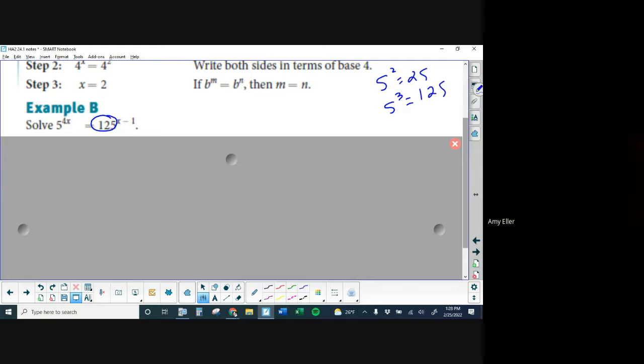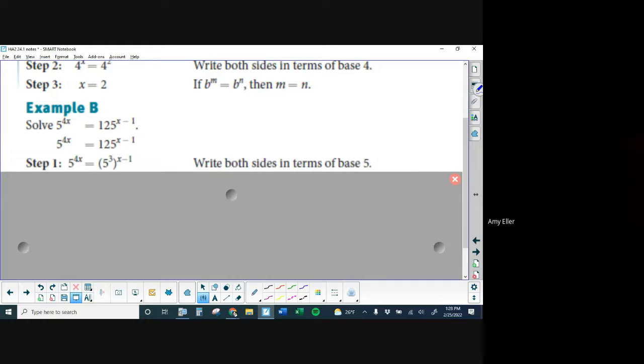In this case, I can rewrite this. The only thing I've changed is I've rewritten 125 as 5 to the third. Now recall a power to a power. What do we do with those? If I have 5 to the second to the third, is that 5 to the fifth or 5 to the sixth? 6.